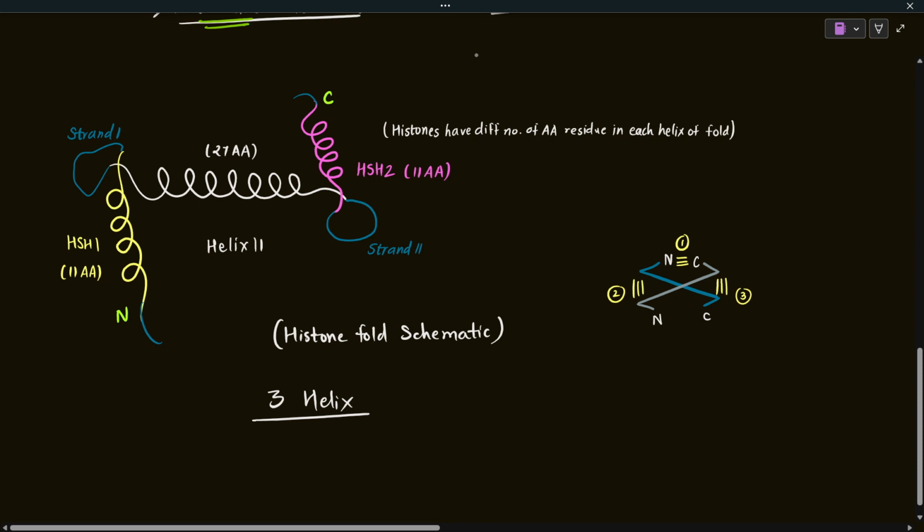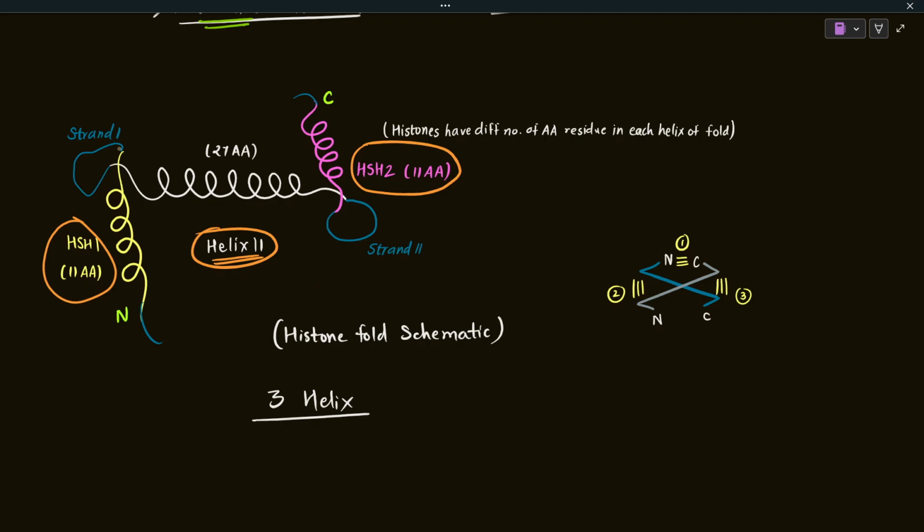Then at the N terminal is helix 1, and at the C terminal is helix 3. They are connected by strands, which are nothing but stretches of amino acids that connect those adjacent helices. So this is how the histone fold looks.